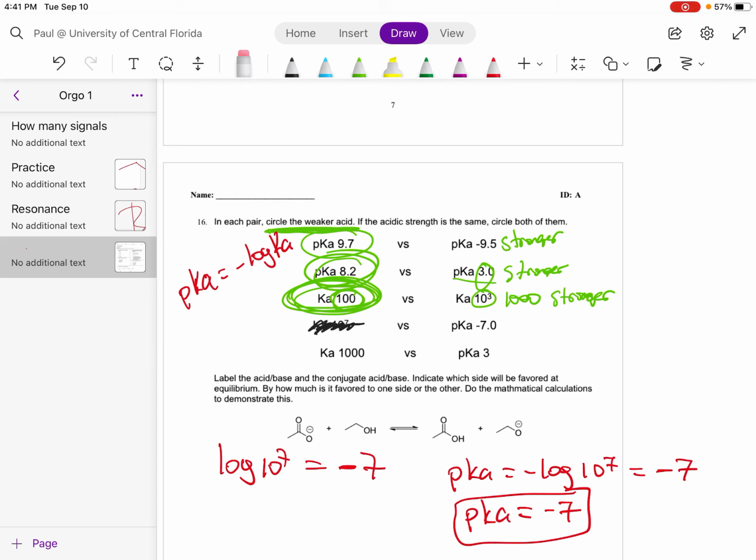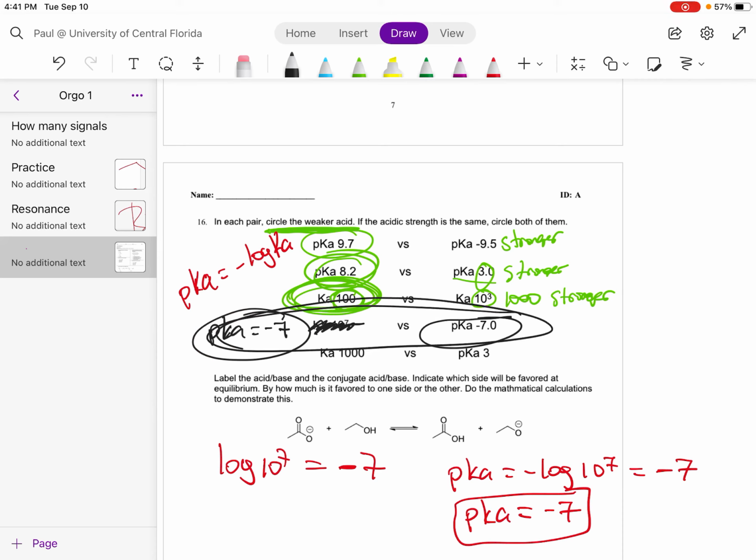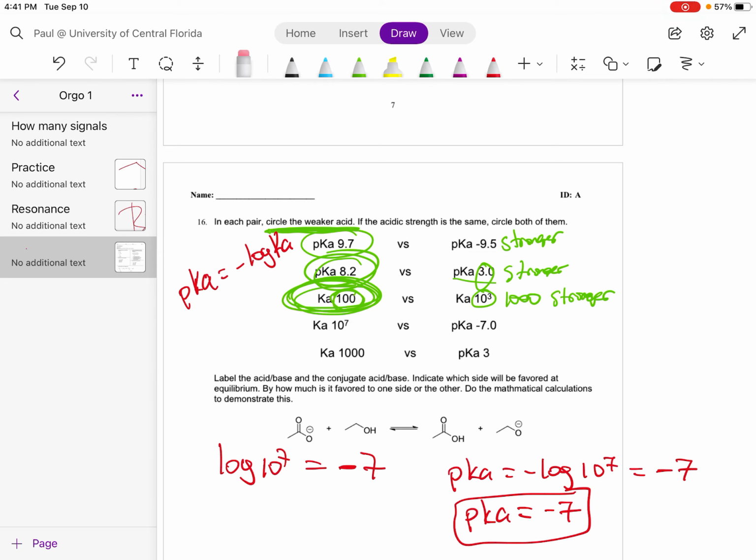And we just discovered that the pKa of that equals negative 7. So now we can see that that and that are exactly the same. So those are the same. Now, if we take a look at the last problem right there, we could do the same analysis. pKa equals the negative log of 1,000.